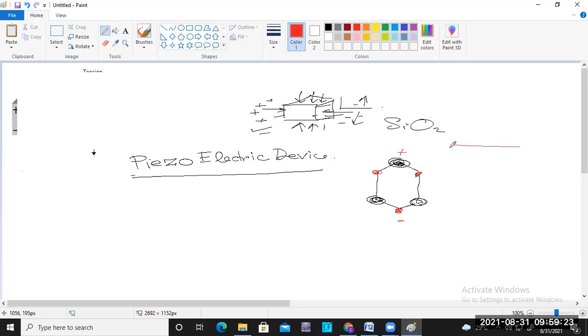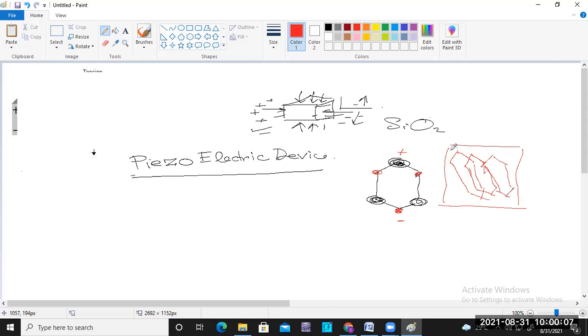In a crystal, they are forming just like this, in a particular angular shape. So the benzene rings are arranged like this.